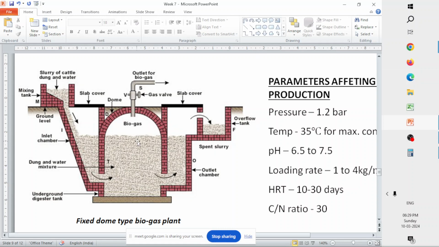So this is your fixed dome principle. Here your volume is going to remain constant, but your pressure is going to vary. This increase in the pressure due to the increase in the volume of the gas will cause the displacement of your slurry from this digester tank to the compensation tank.